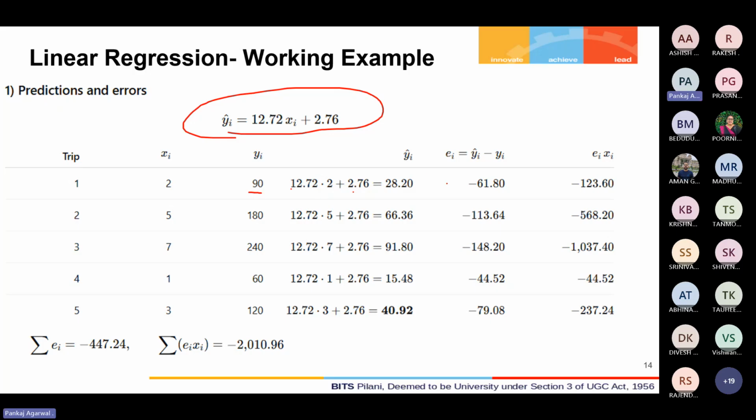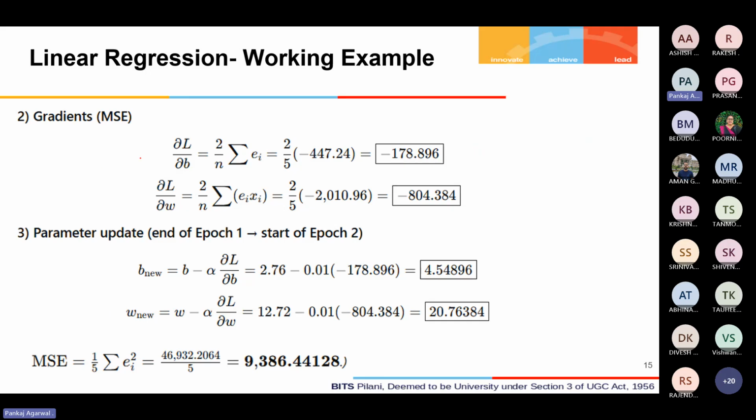I hope no issues. I calculated this, no issues for all the values I did. So what I calculated is new values of these two terms. Then I calculated the gradients, the same process, right? Then I calculated the new parameters. Previously it was different. Then I calculate the MSE again. Now see what happened.